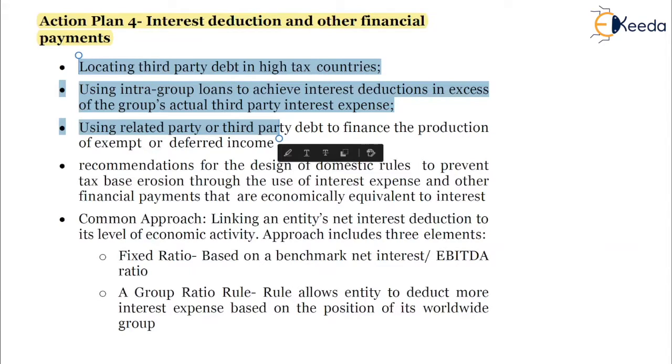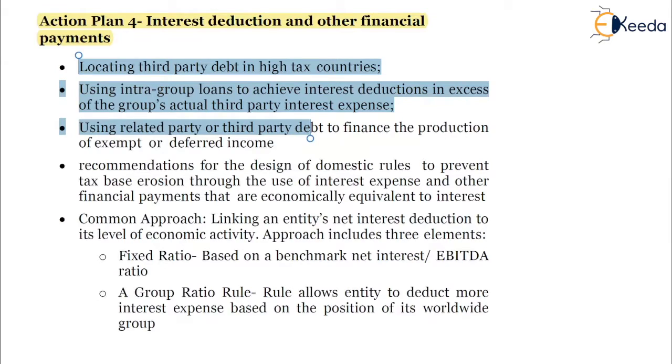Second, using intra-group loans to achieve interest deductions in excess of the group's actual third-party interest expense. Right? So intra-group loans are structured only to reduce the group's actual third-party interest expense, in such a way that overall tax expense is reduced.